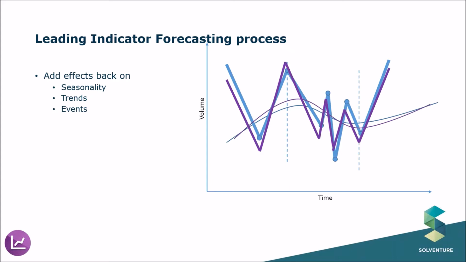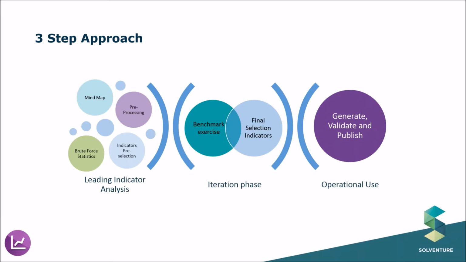Well, then I will have to add that seasonality back to the forecast of the trend. And I might also add events like, if I know that next quarter there will be a price increase or decrease, or next quarter there will be certain promotions, or I will be hit by certain import tariffs, I need to add these events to correctly model my demand. So that is really the procedure we go through.